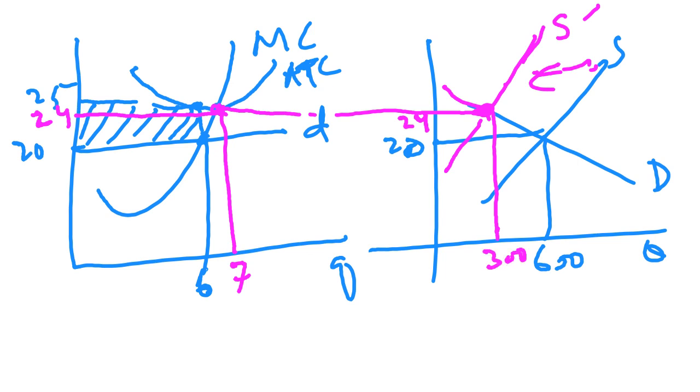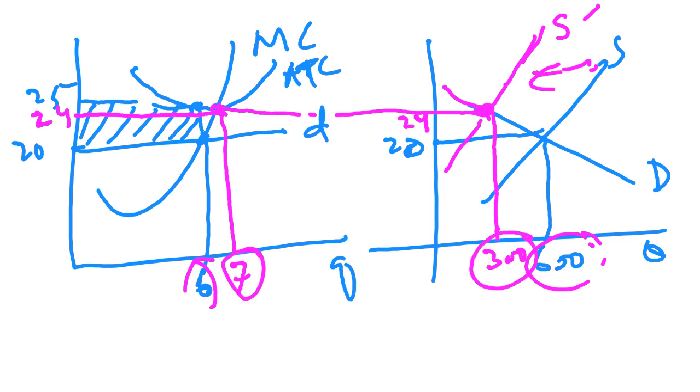Now you can see, earlier, before the change, in the short run, 600 was the total industry output, 6 units each firm's output, so there were 100 firms. Now 300 is the total output and 7 units per firm.